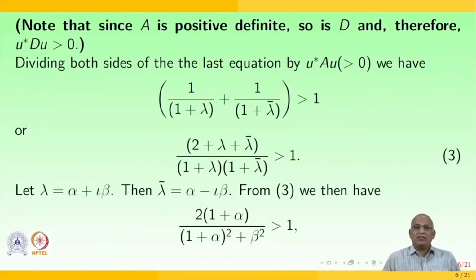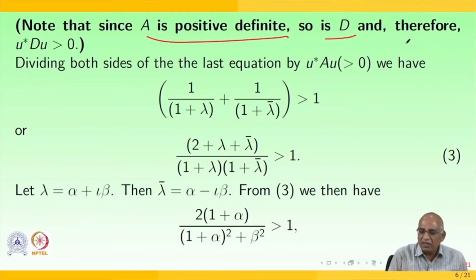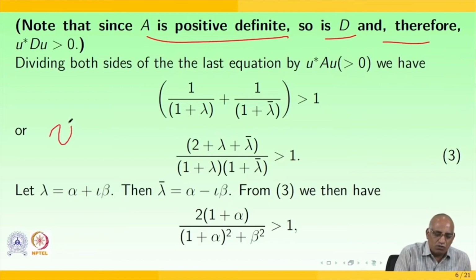Note that since A is positive definite, so is D, therefore U star D of U is greater than 0.